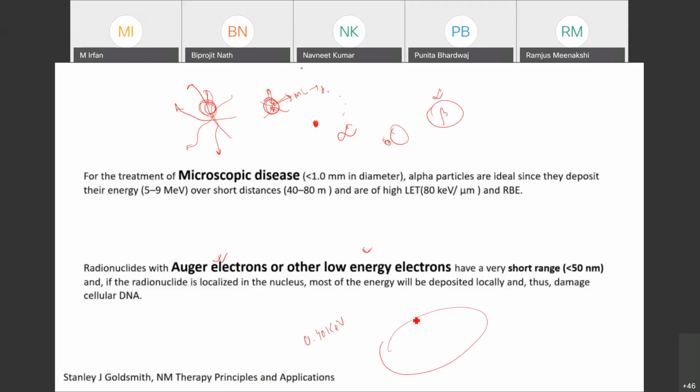For example, the cell's nucleus contains DNA. If this iodine-125 gets localized in the cell's nucleus, the electrons will deposit directly on the DNA and cause double strand damage, and hence your cell will die if it cannot repair the damage. That's about the Auger electrons and how they can be used for treating a variety of tumors.